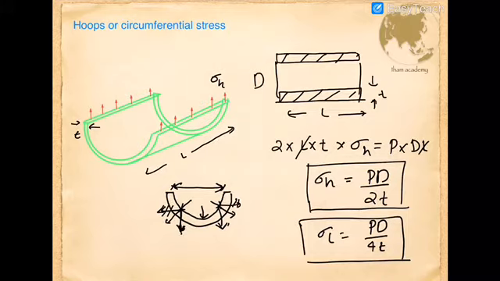Same as that of longitudinal stress, hoop stress is acting on this particular plane where there is no shear stress. So we can say sigma H or hoop stress is a principal stress for that particular plane.